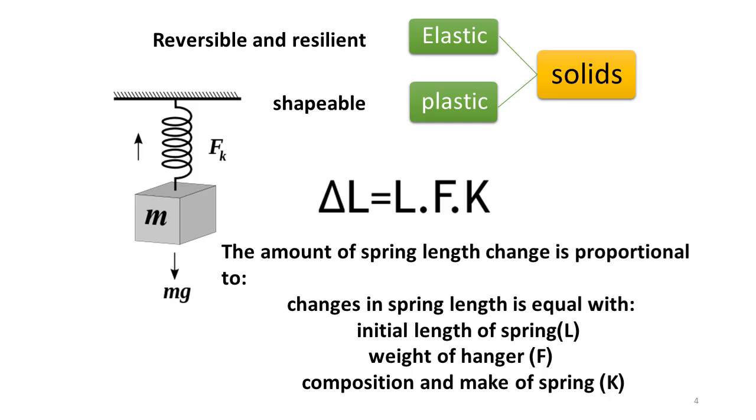L is the initial length of the spring, delta L is the change in the spring's length while increasing the weight. F is the weight of the hanger, and K is related to the composition of the spring, and it's a constant number for each spring. So if we enhance the weight, the F and L and also delta L are changed.